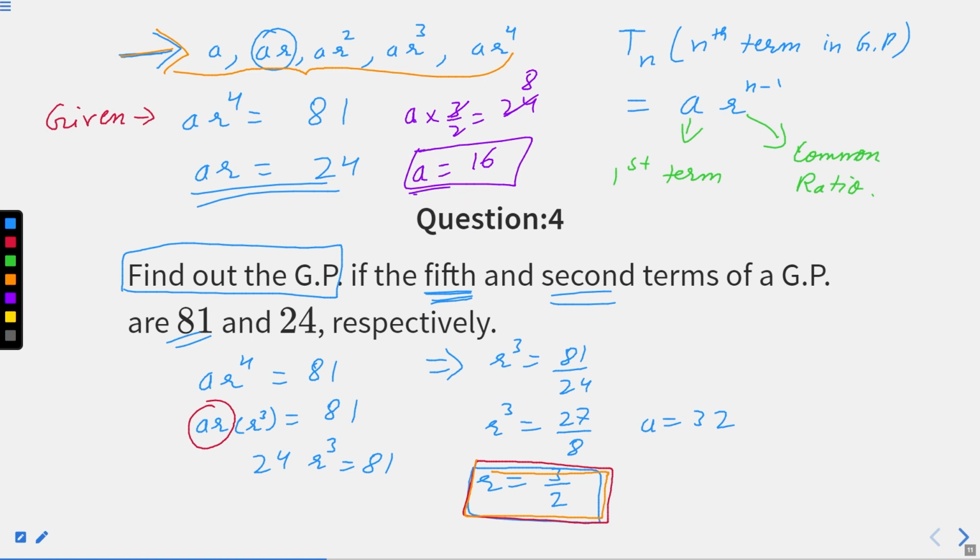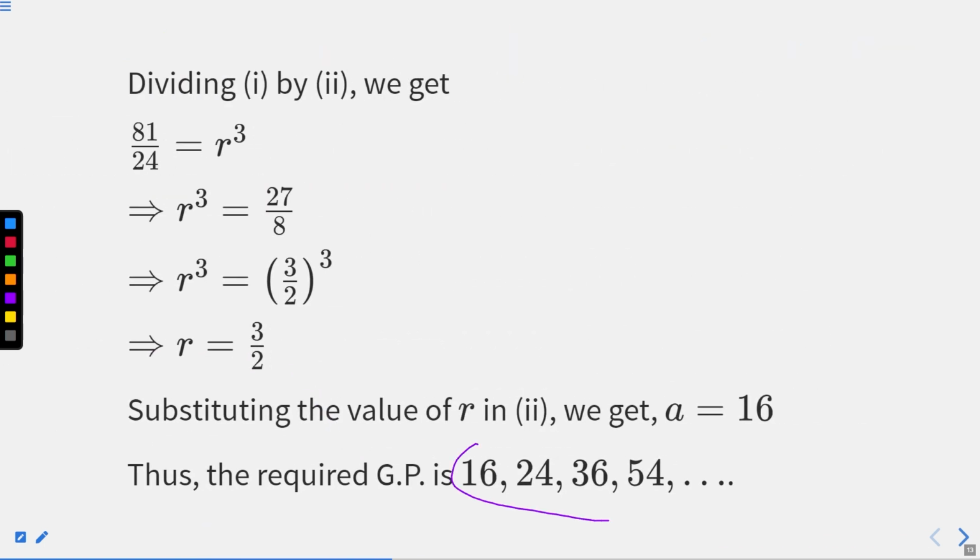So now the first term is 16, the second term is 16 times 3 by 2, which equals 24, and the third term will be 16 times 9 by 4, which is 4 times 9, which is 36, and so on. Sorry, I made a little calculation mistake there, but I rectified it.